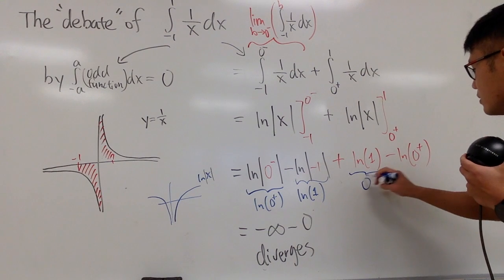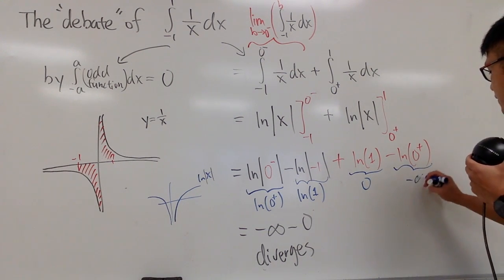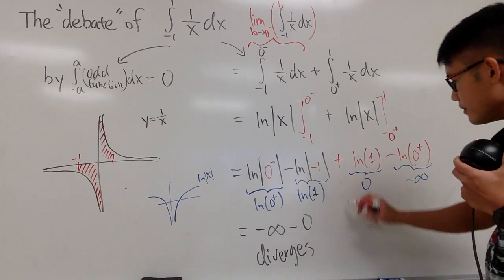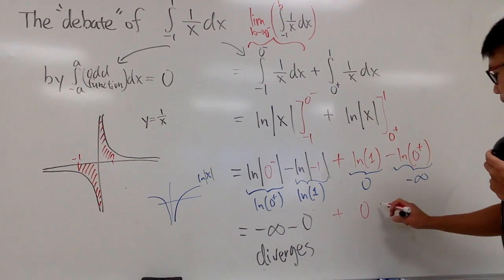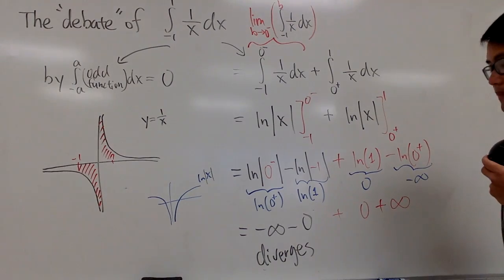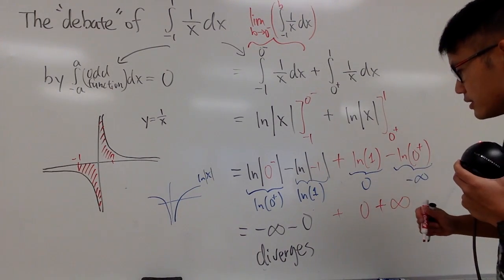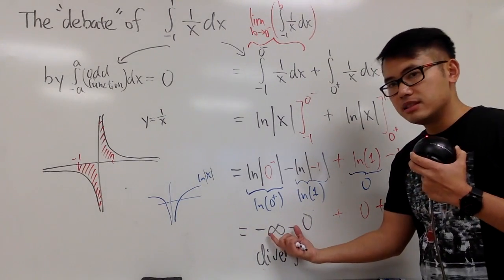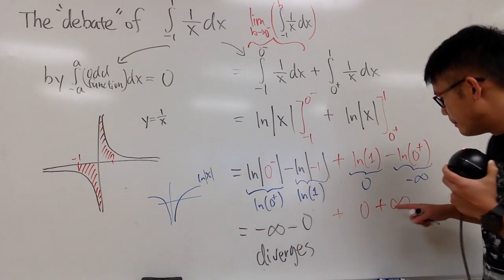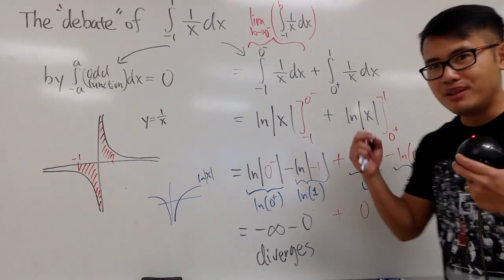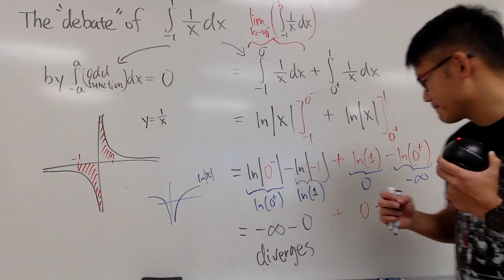ln 1 is of course 0, and then this right here is negative infinity. And check this out. It seems that we're just adding 0, and then minus becomes positive infinity. So the trouble is, if you have this and that, it seems like negative infinity plus infinity should be 0, isn't it?